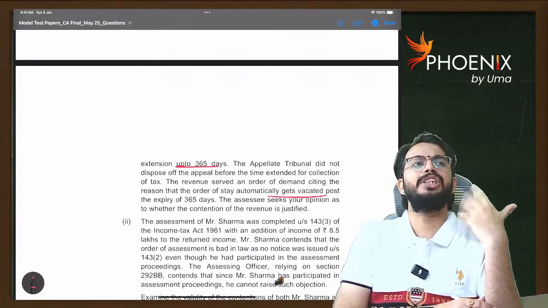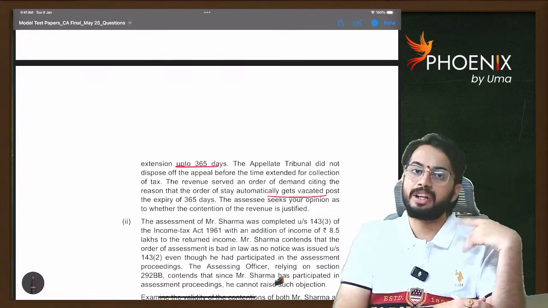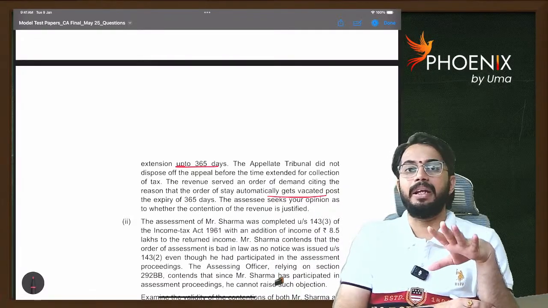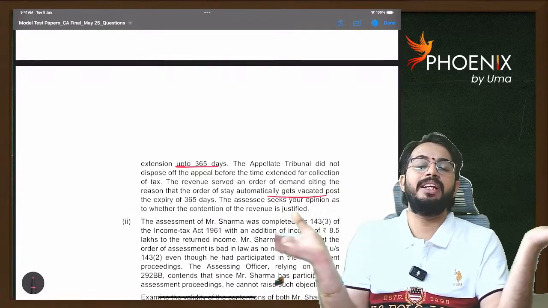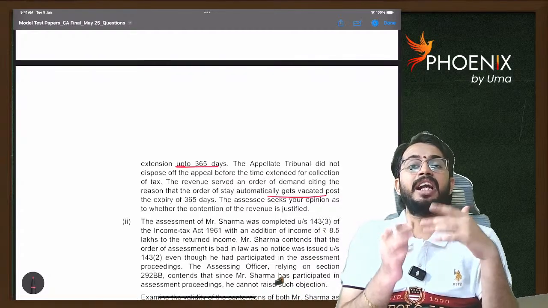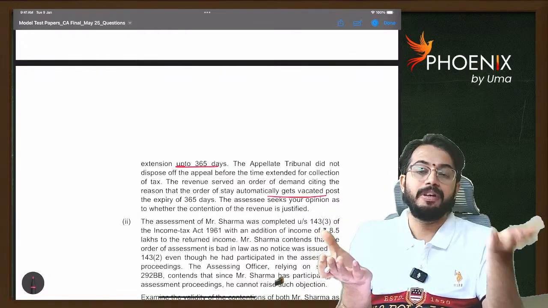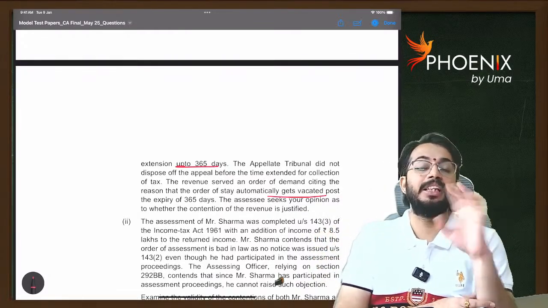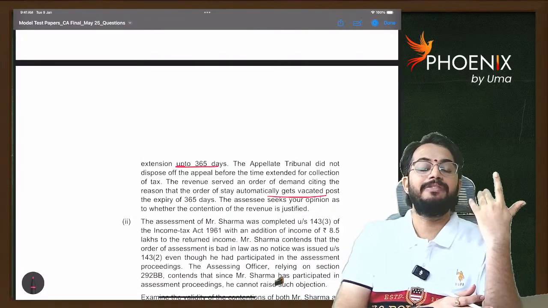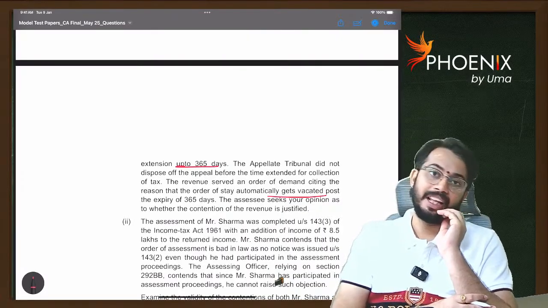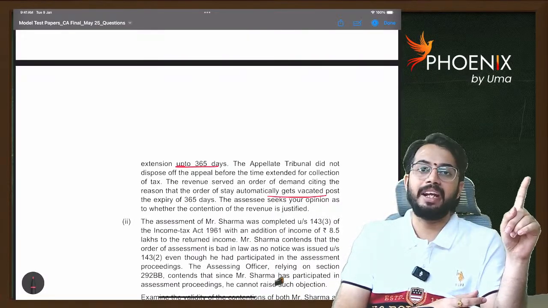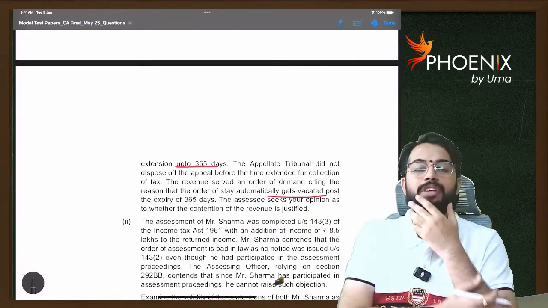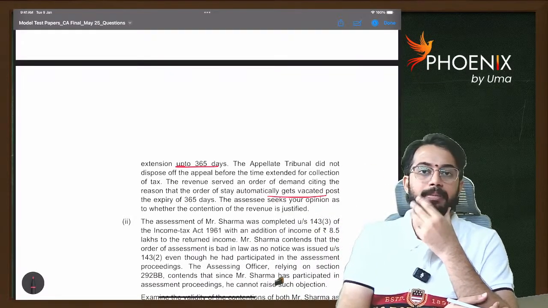Let's say the company is going to hearing whenever ITAT calls. The company is coming, but ITAT, because of having so many cases, could not dispose of. Now, this is not the problem of the company. There is no default of the company. If there is no default of the company, in that case, stay will not be vacated. Stay will continue even after 365 days also. Are you able to understand?